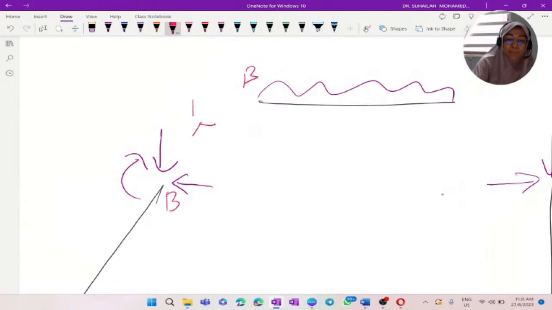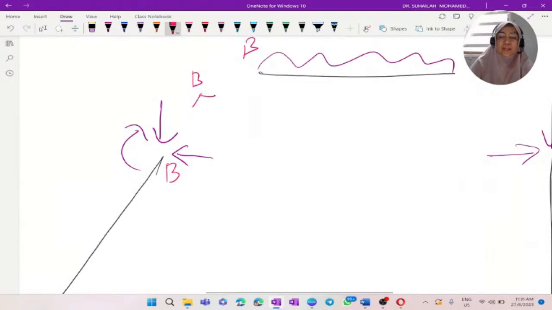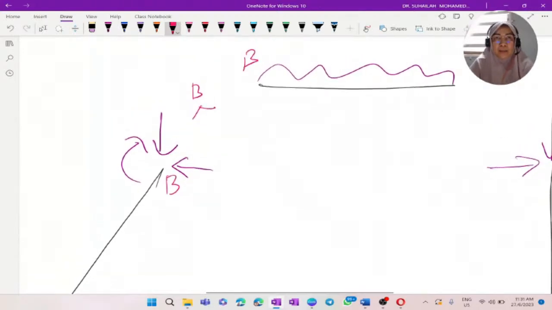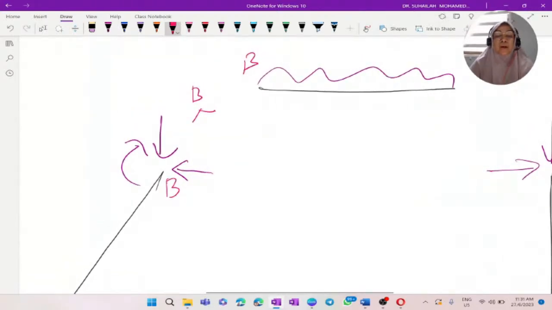This is joint B. Just like we analyze a beam, this joint must be balanced as well. The element must be balanced, and the joint must be balanced.